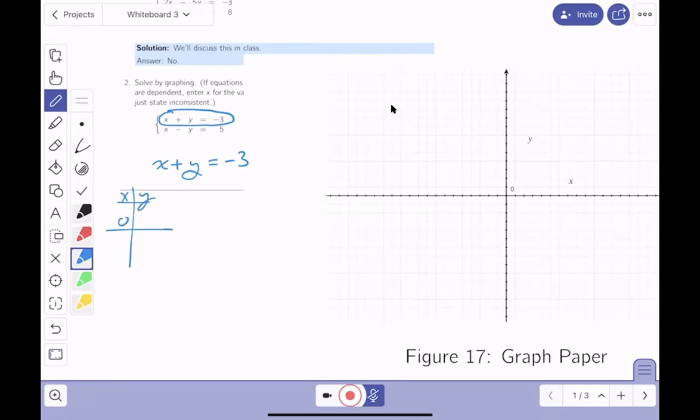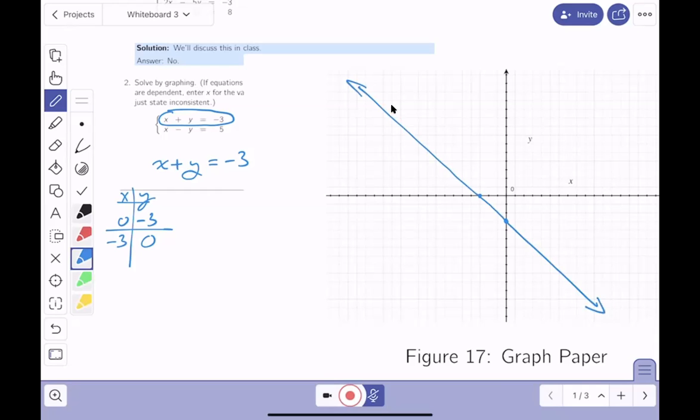What would Y be? -3. That's simple. I'd set Y to be 0, I'd get -3. I'm going to plot those 2 points for you. All right. And 0, -3 and -3, 0 over here. Now, by the way, I'm not a great artist, but I'm going to try to draw a line through that. And I'm not saying I'm doing a great job. All right, that line's done.